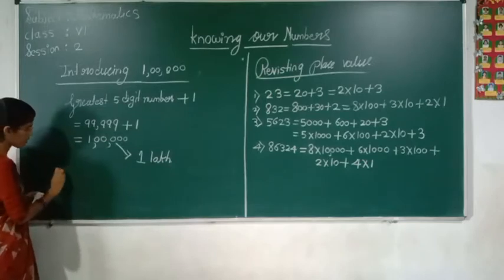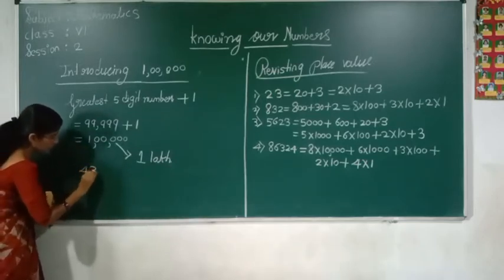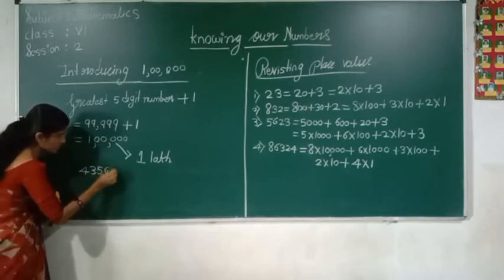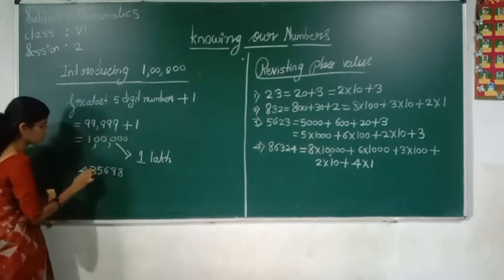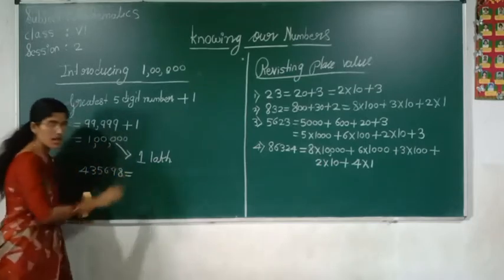See here, for example, you can take 4, 3, 5, 6, 9, 8. How to write the expanded form?